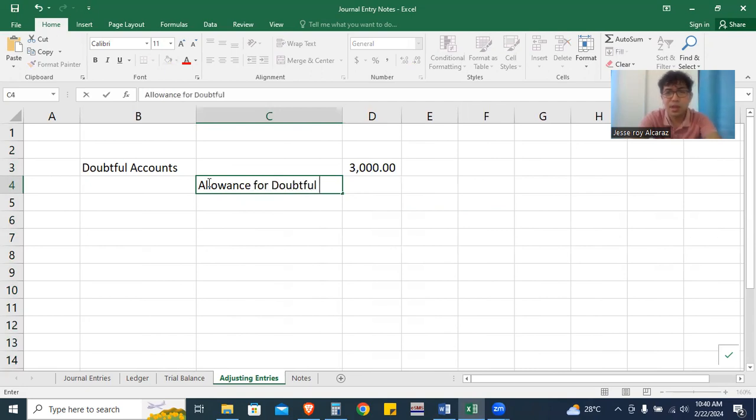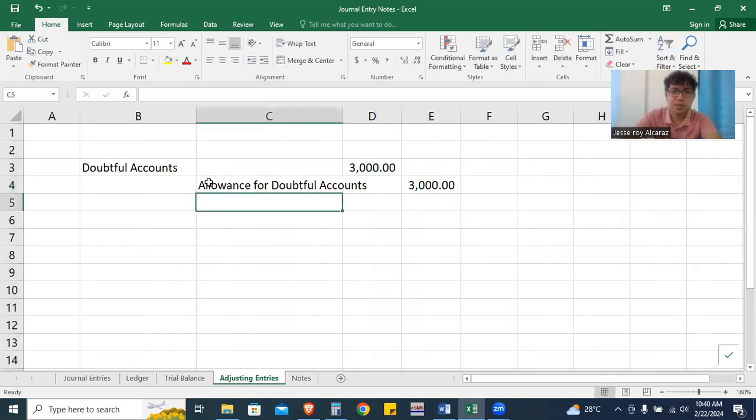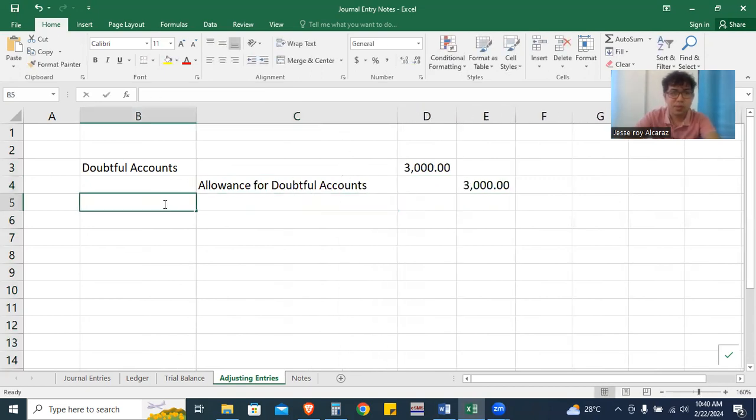So we are using the allowance method. 3,000 pesos. So to record the uncollectible accounts. Okay, so that's the first entry.